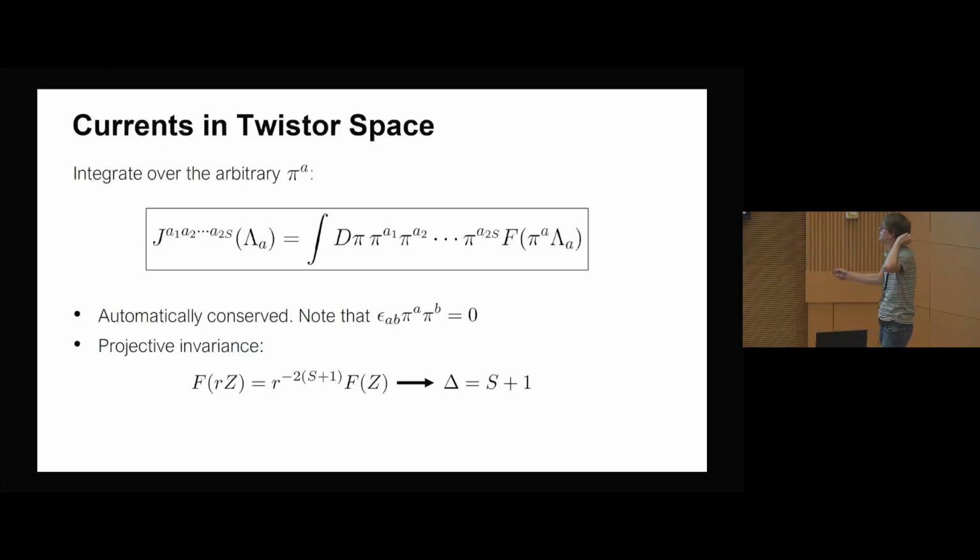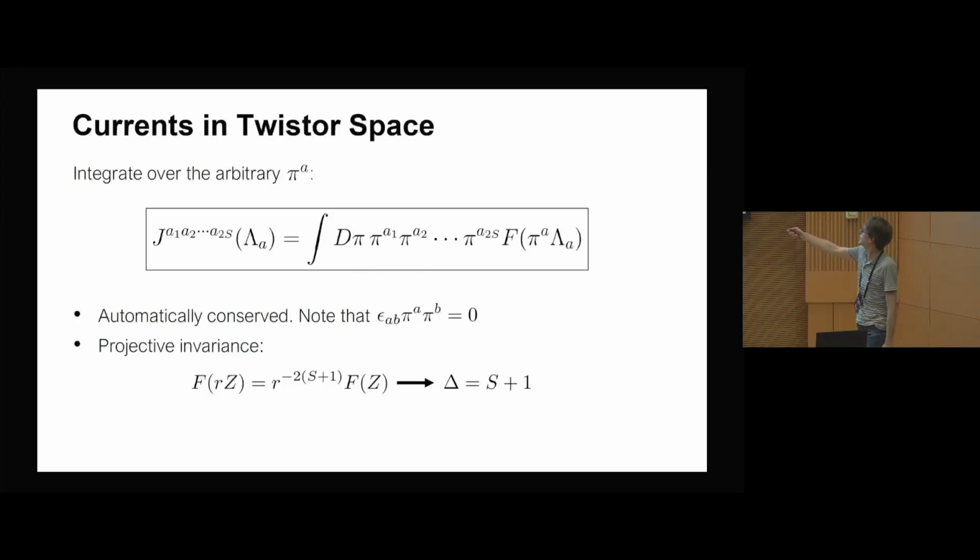So this integral over the pi's must actually be a projective integral, which implies that this integral should be invariant under rescaling these pi coefficients. And this implies that the integrand must scale with respect to its argument in exactly this way, in order to cancel out the scaling of the measure and all these factors.